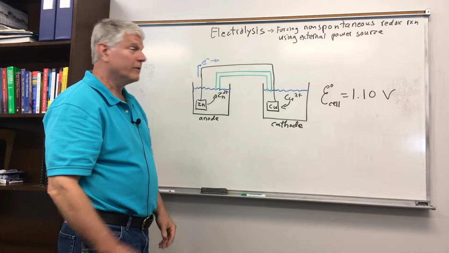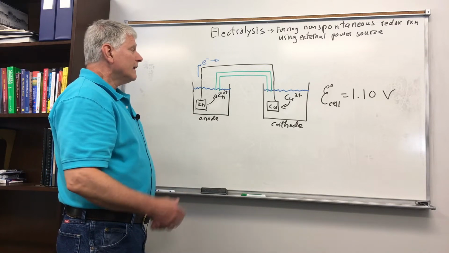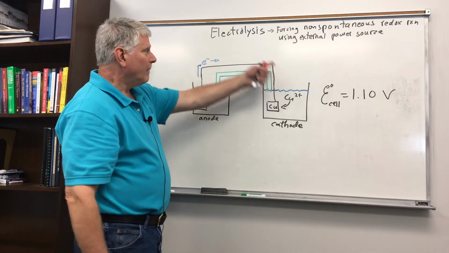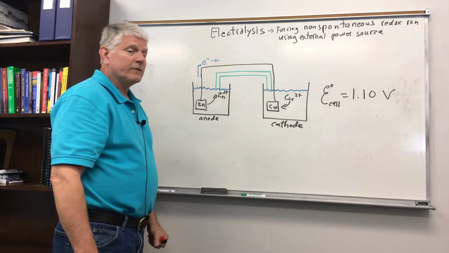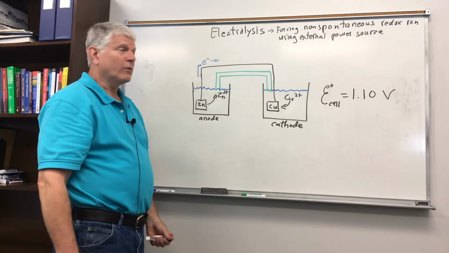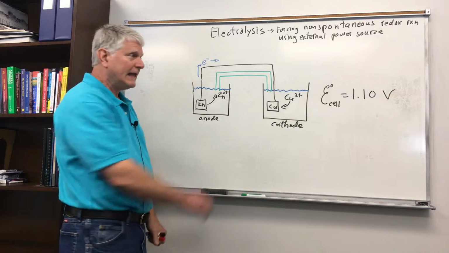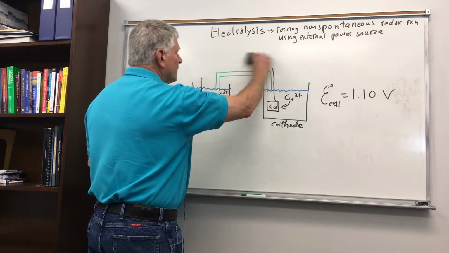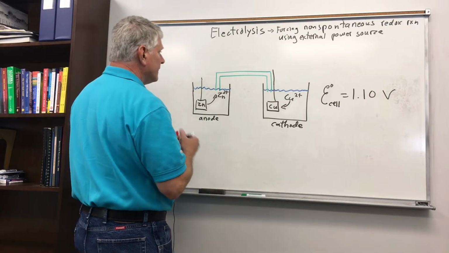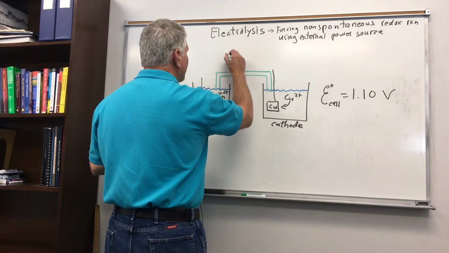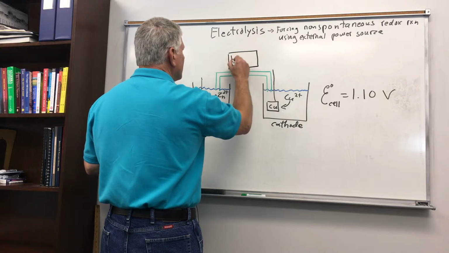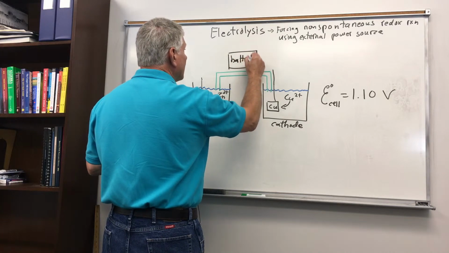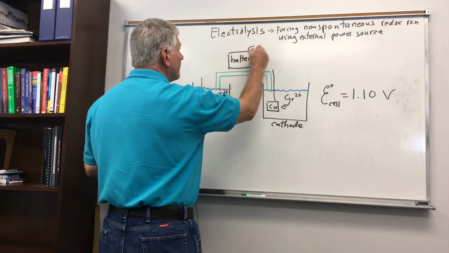go to 0. So if we want to run this reaction backwards, we're going to have to supply an external power source because it's not spontaneous. So what we could do is connect the anode and cathode to an external power source.